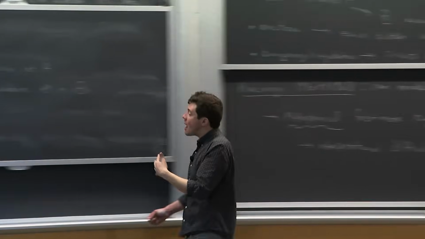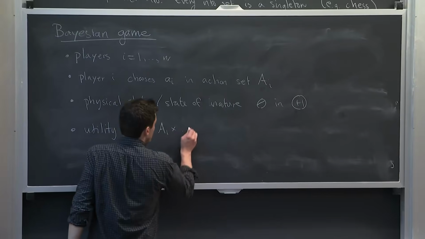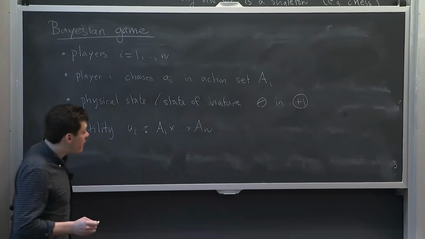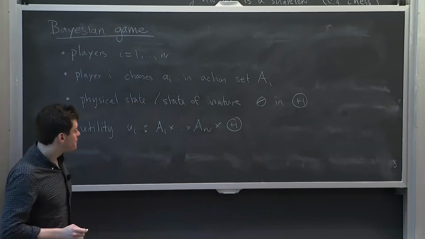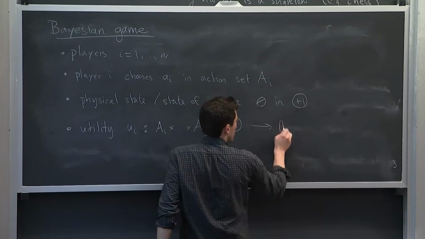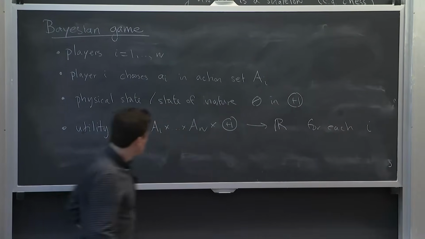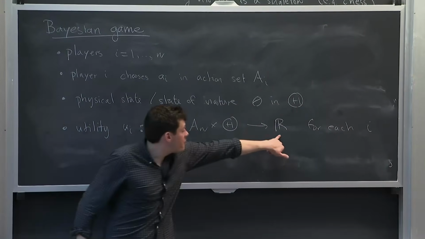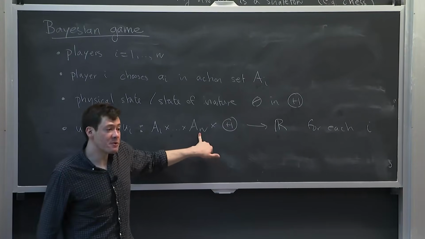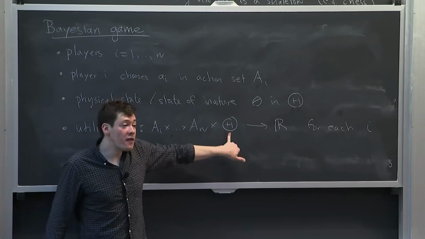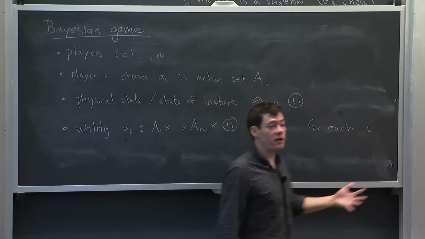So over here, in the more abstract context, U_i is going to be a function of A1 all the way up to An, the actions of every player, times the set capital Theta, and it's going to go to R for each i. So this is going to give me a real numbered payoff that depends on what player 1 does, what player 2 does, all the way up to what player n does, and also the value of the physical state. In this example, whether the project is easy or hard.